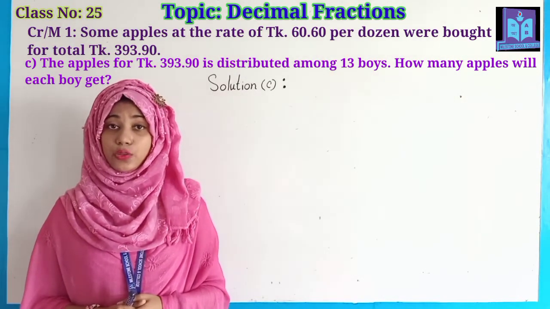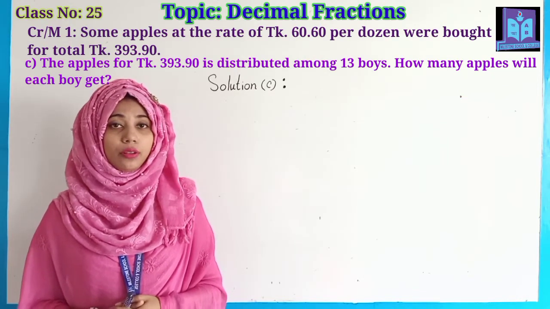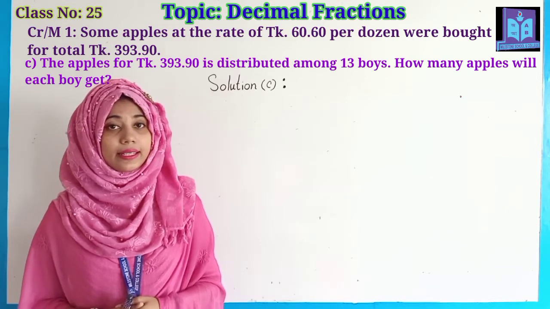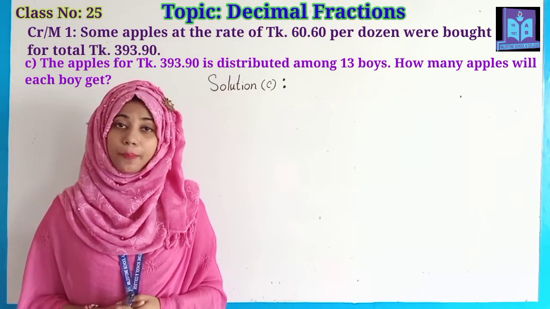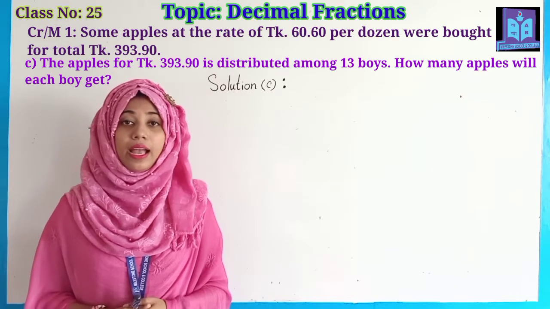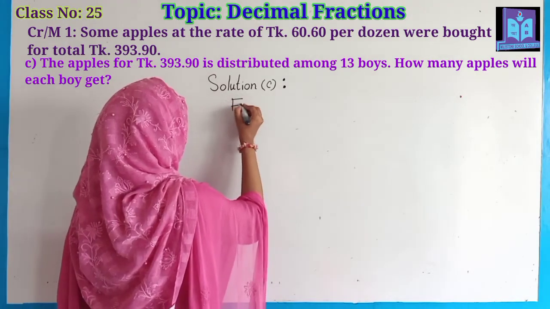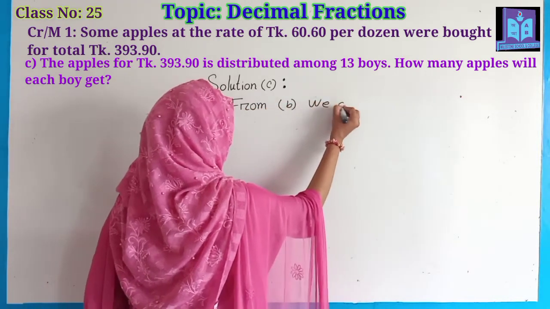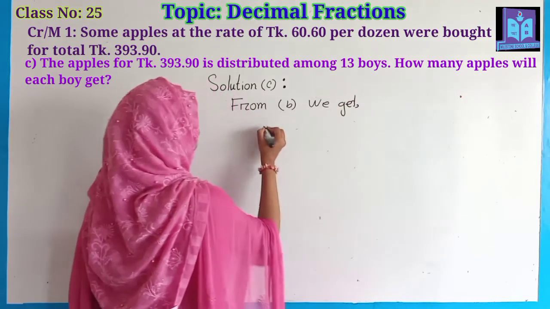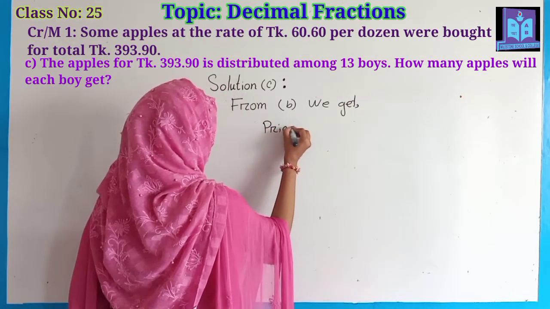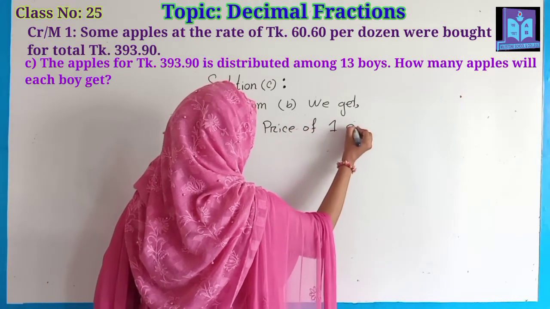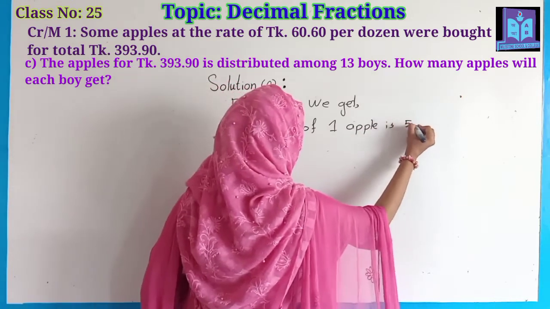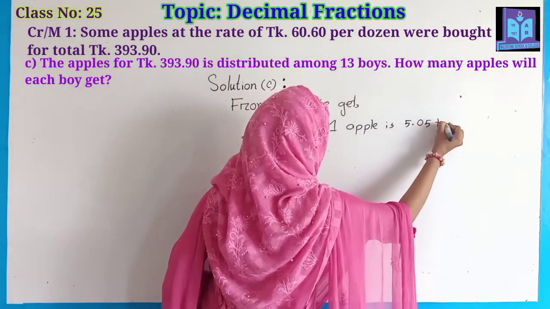Okay? So dear student, already you know the price of 1 apple. Yes, from B we get the price of 1 apple. The price of one apple is 5.05 taka.